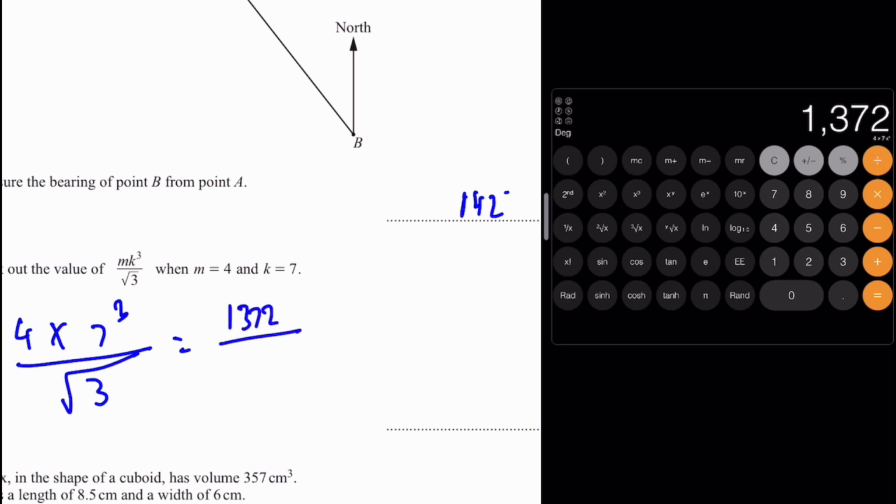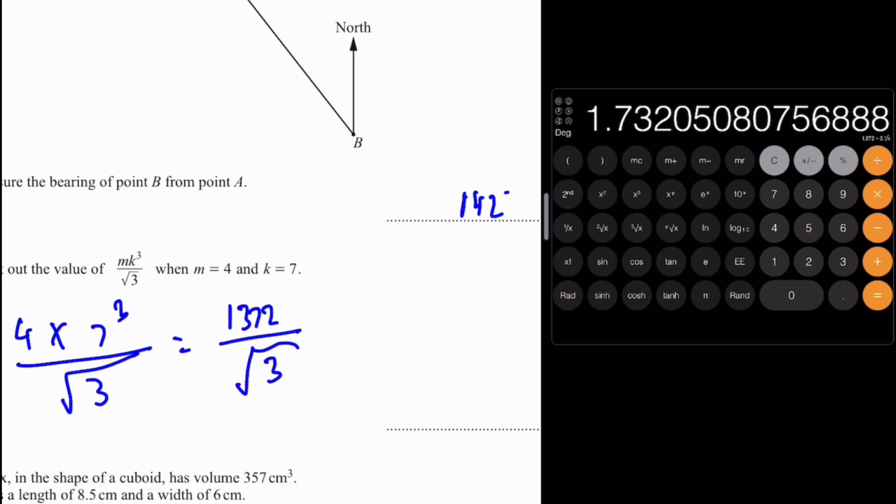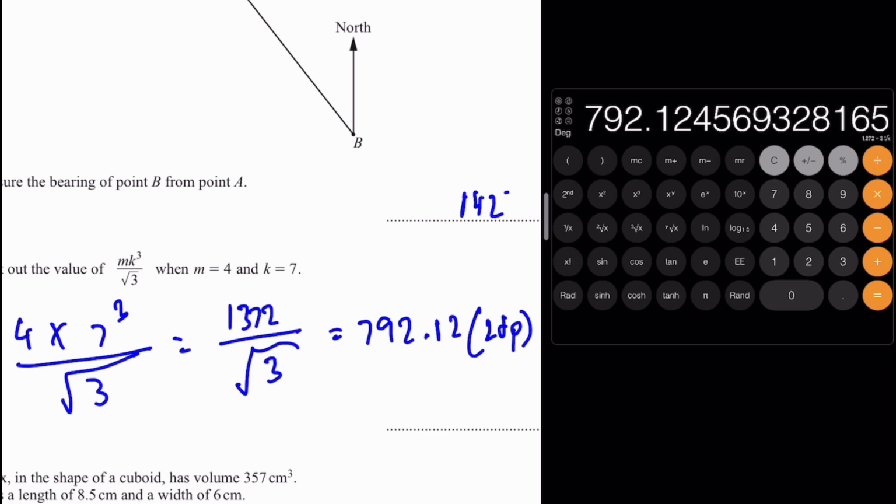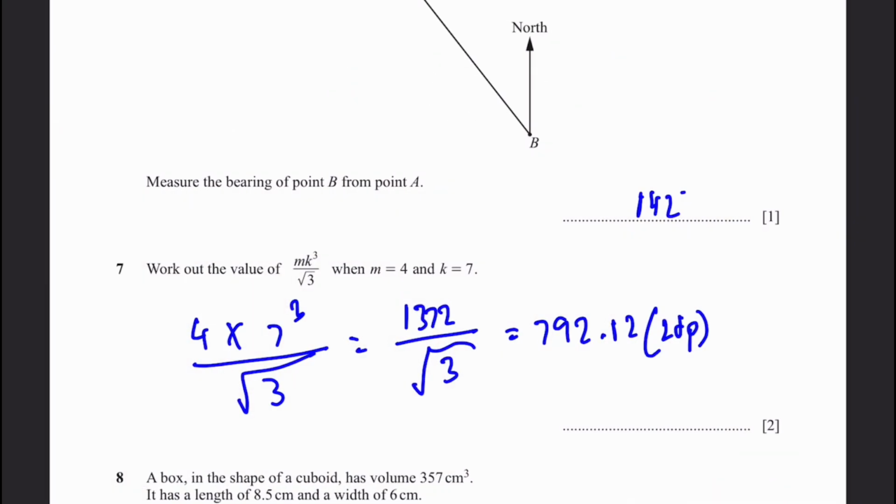And divide by the square root of 3, which is approximately 1.732. That's equal to 792.12 to 2 decimal places. That's the answer.